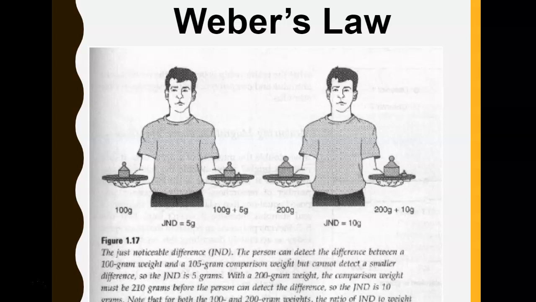With a 200-gram weight, the comparison weight must be 210 grams before the person can detect the difference. So the just noticeable difference is 10 grams. Okay. And then note that for both 100 and 200-gram weights, the ratio of just noticeable difference to weight is the same. And this ratio is the Weber fraction. Okay, so this is like that difference threshold again.